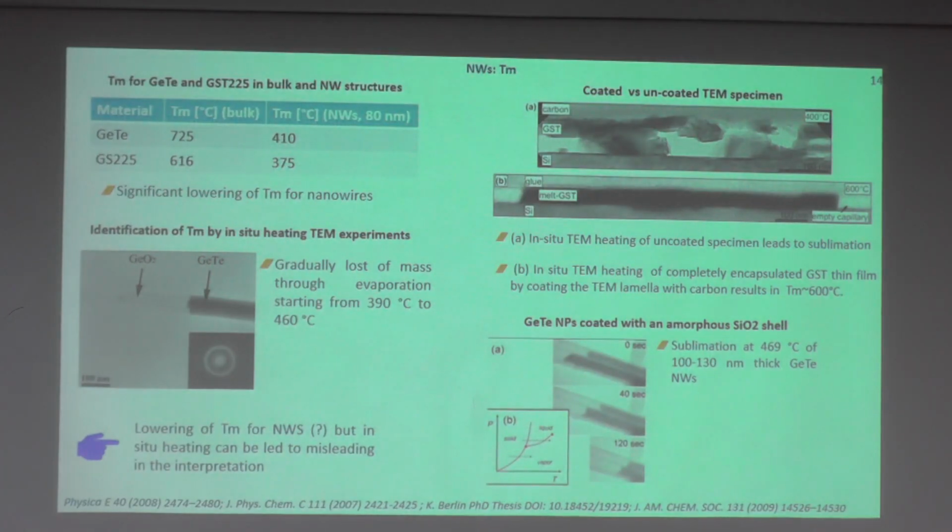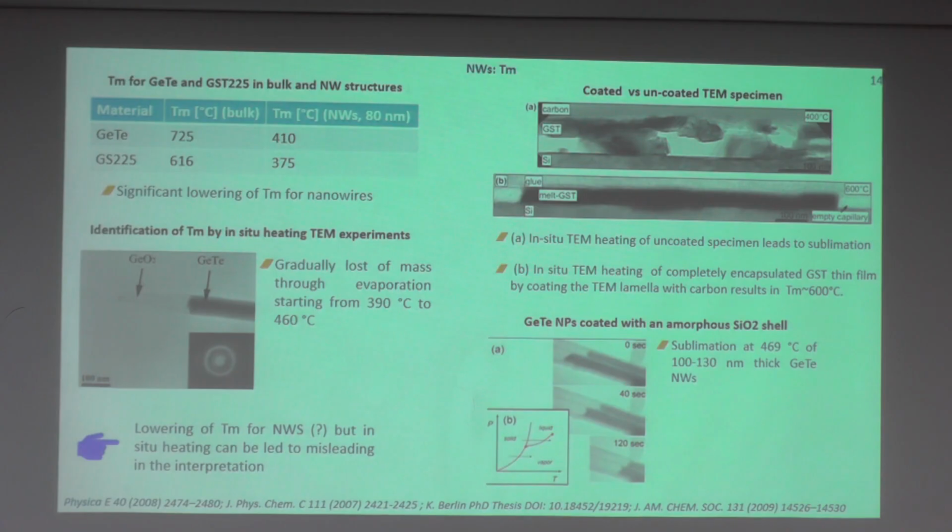So now let us look at some properties of such nanowires, like melting temperature. First, melting temperature. The melting temperature of germanium telluride and GST225 is 725 degrees C for germanium telluride and around 616 for GST225.